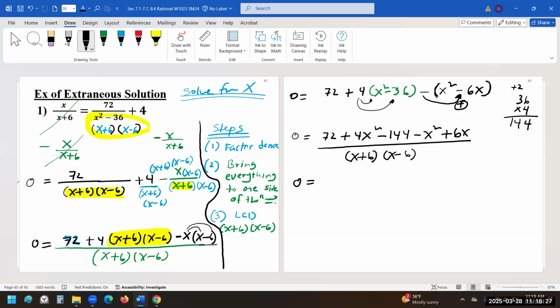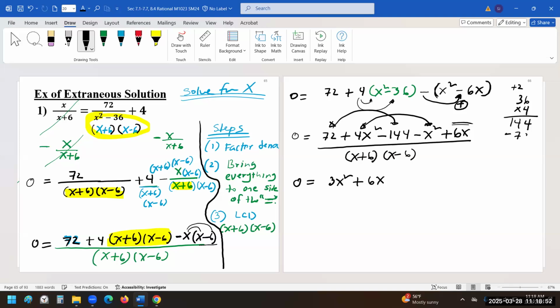Do we have any like terms here? 4x squared minus 1x squared, 3x squared. And you have only one x term, right? A single 6x. And then we have 144 negative, 72 positive.